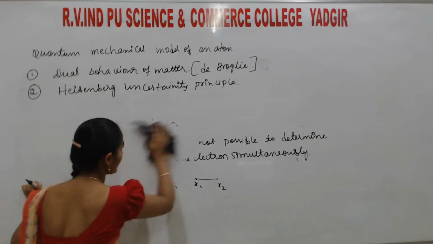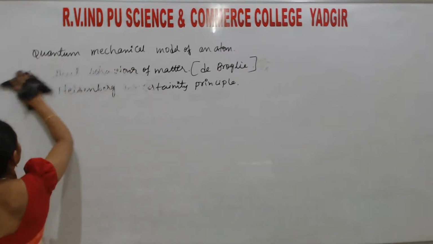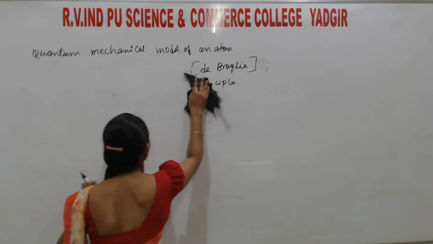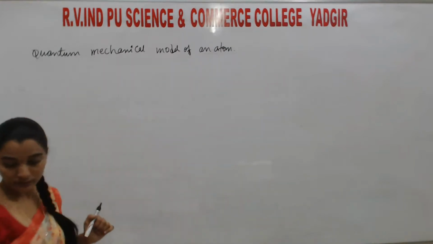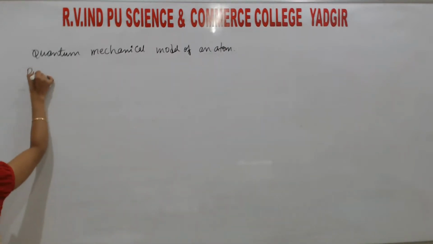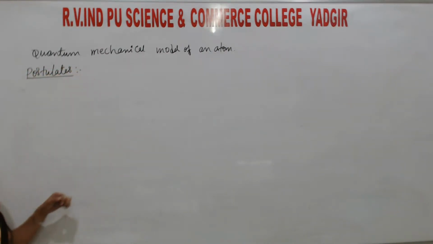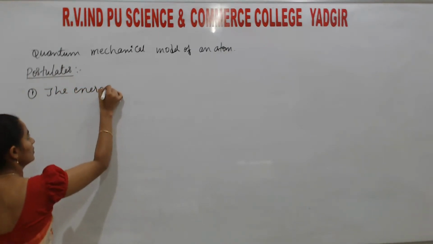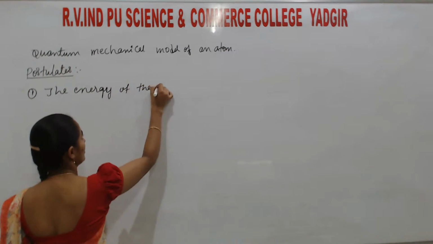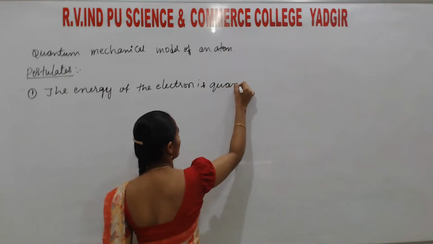I am going to write the postulates. The first one is: the energy of the electron is quantized.